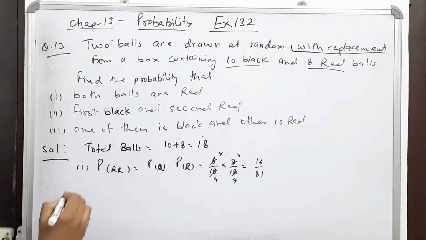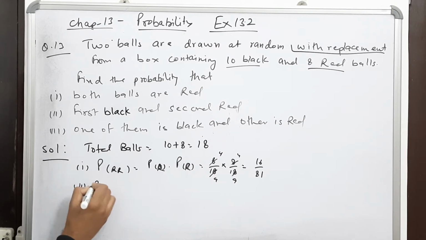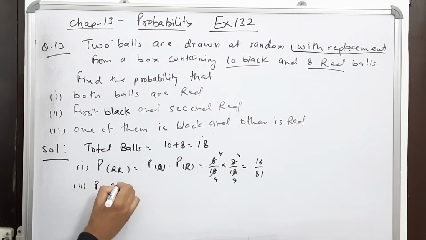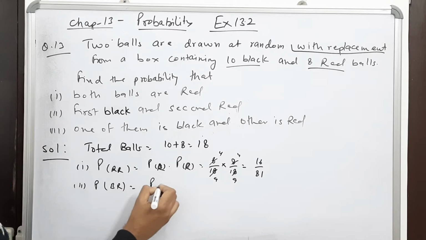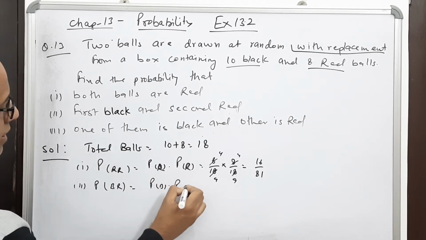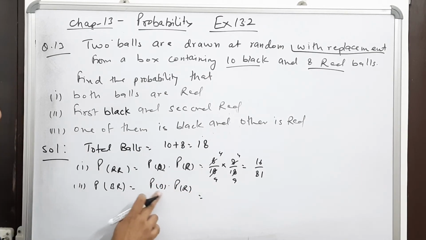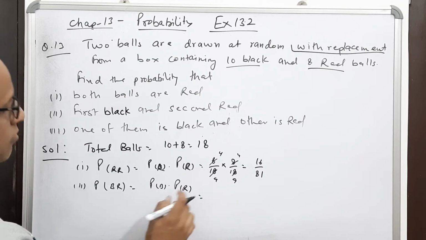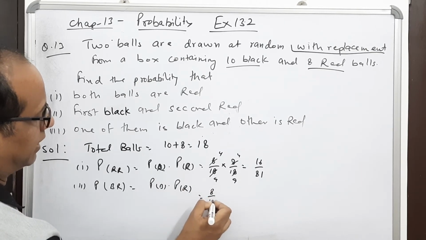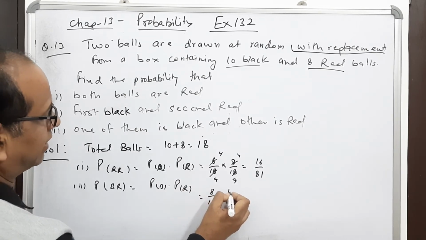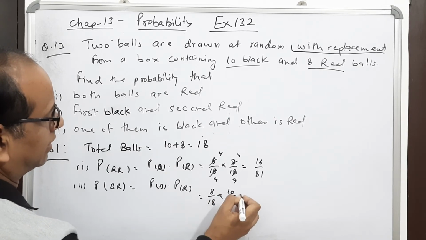Second part, first is black and the second is red. So it is P(black) and P(red). What is the probability of black? It is 10 by 18. And what is P(red)? It is 8 by 18.